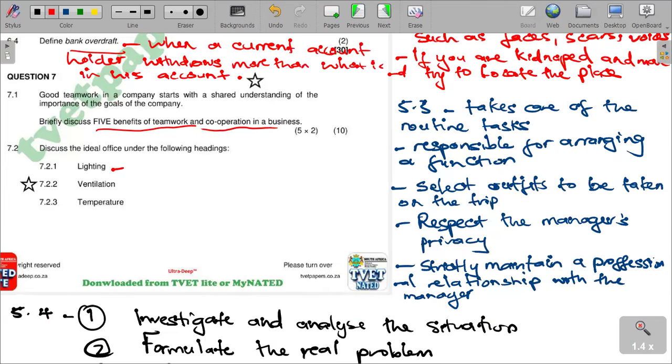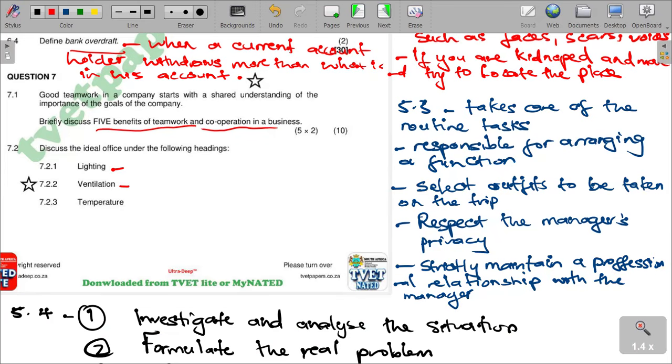Ventilation. Sufficient ventilation and temperature control should be provided.